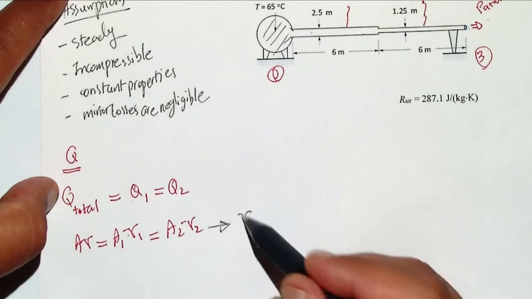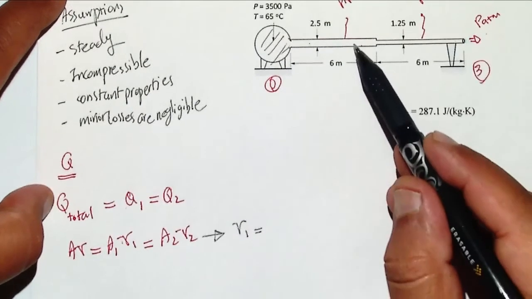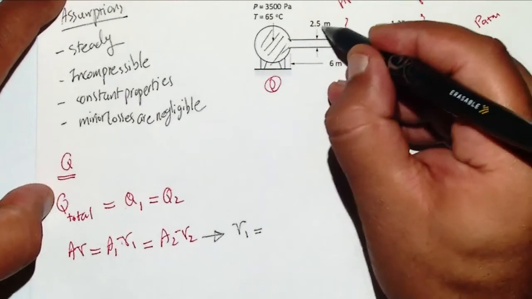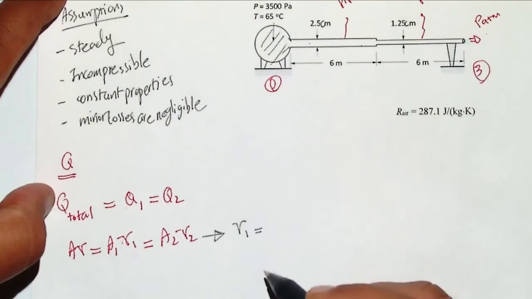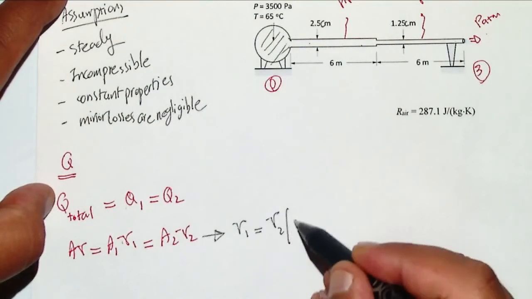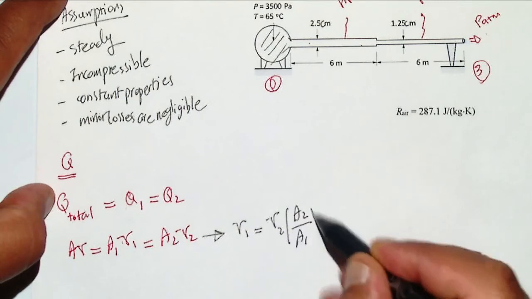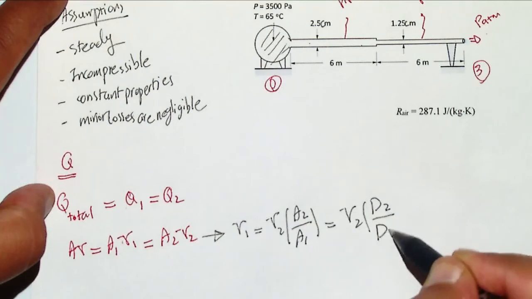So you can find the relation between V1 and V2 because the diameters of the pipes are given. And also make sure that you correct the units because it's centimeter, not meter. Okay, so V1 is equal to V2 times A2 over A1. Then it is equal to V2 times D2 over D1 squared.